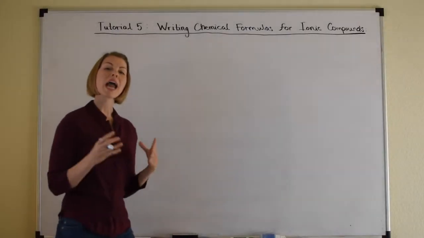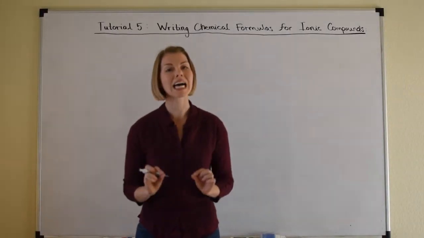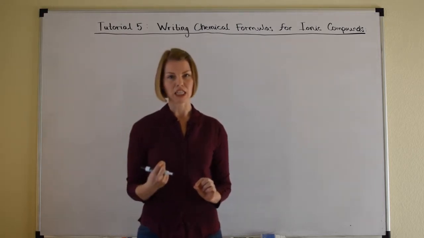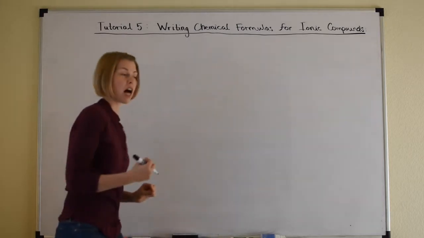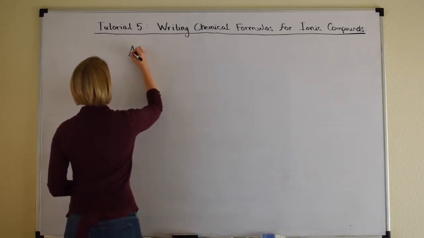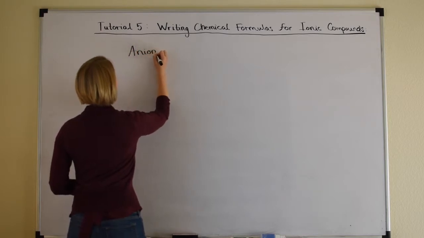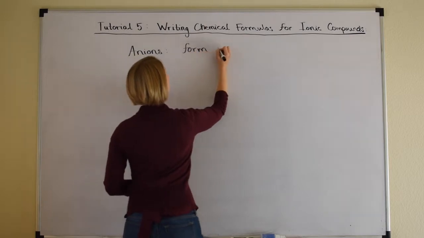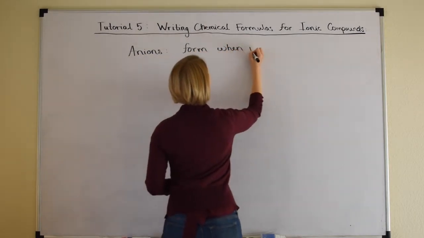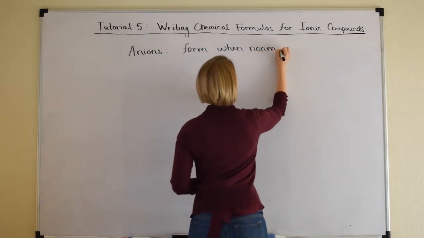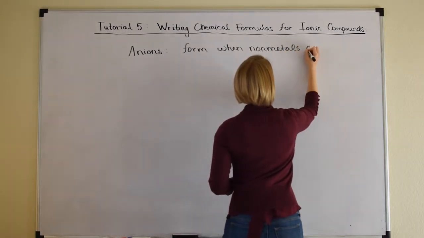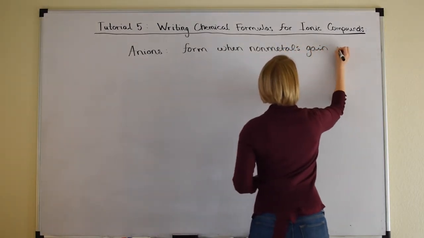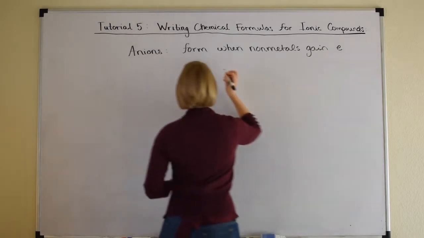All right, let's go ahead and erase all this and go on to anions. Anions form when nonmetals gain electrons to their valence shell. I'll just write e for electrons.